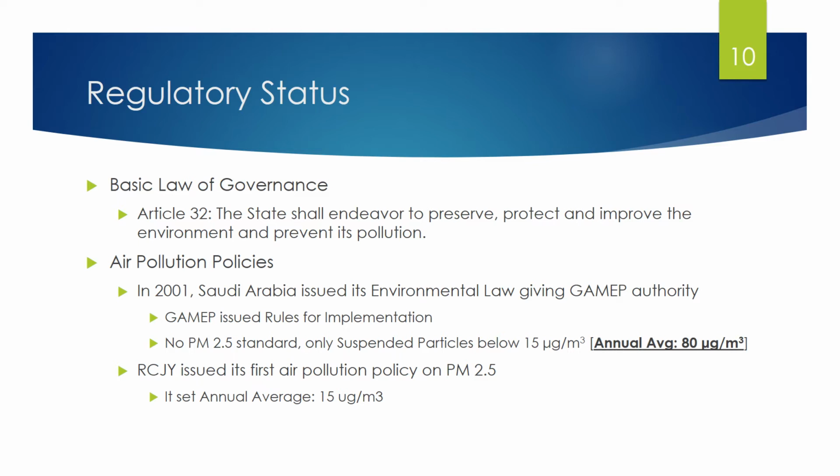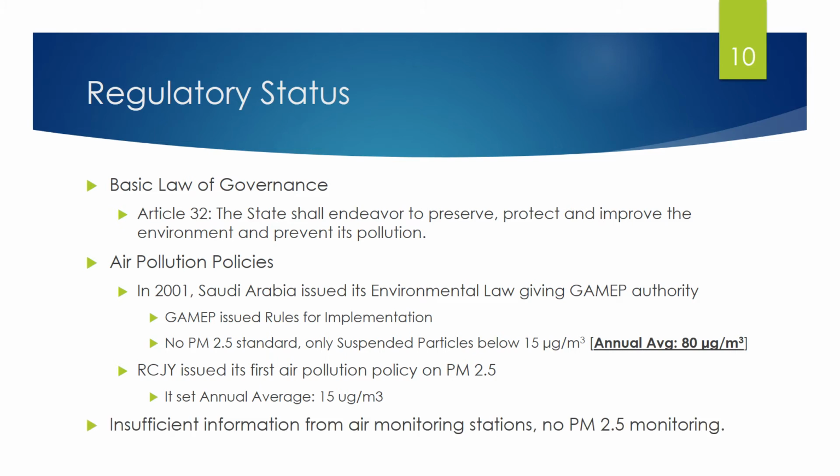When looking at other areas within Saudi Arabia, the Royal Commission of Jubail and Yanbu had issued its own air pollution policy, and that started back in 2004. In it, they established a standard for PM2.5, which was revised downward in 2015 to a maximum annual average of 15 micrograms per cubic meter. So this is the situation with the regulatory status.